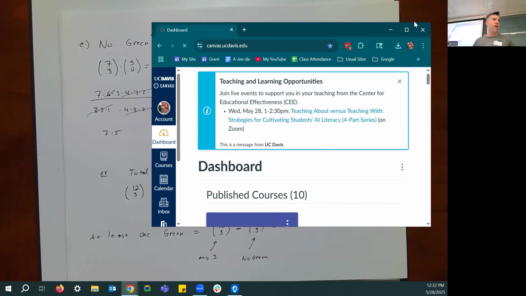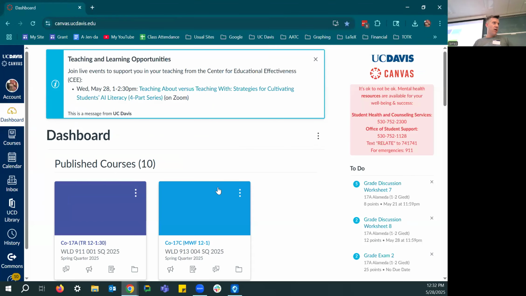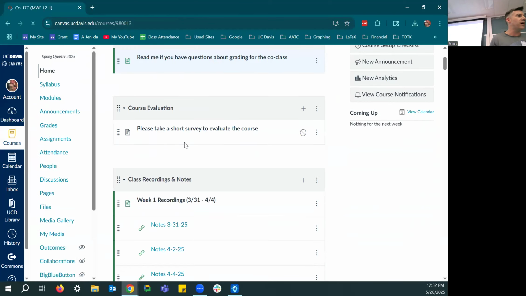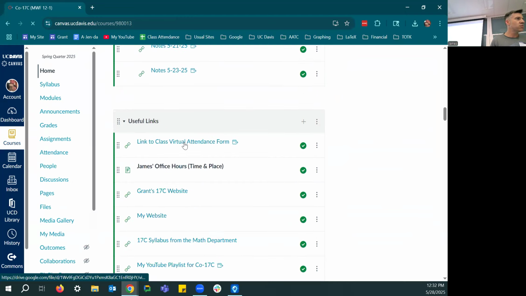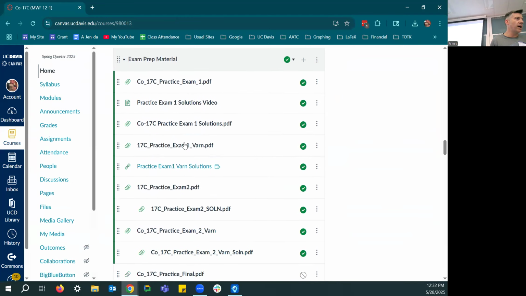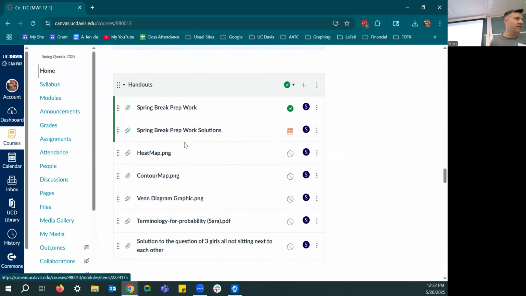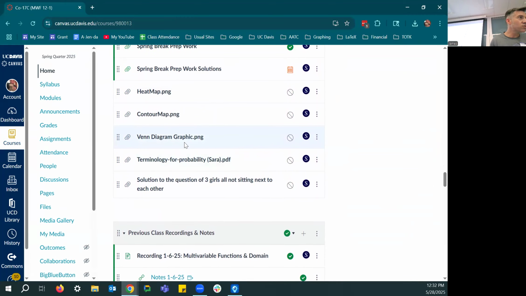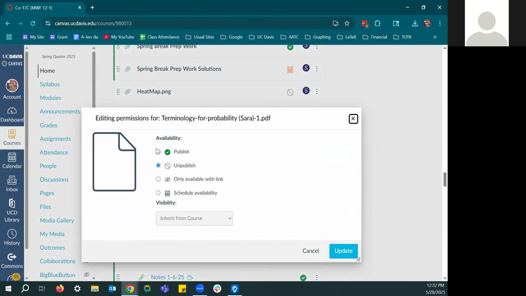So let me just point out, if you look in Canvas under our class, I believe there's a handout way down at the bottom. I need to make it available. That might be helpful.